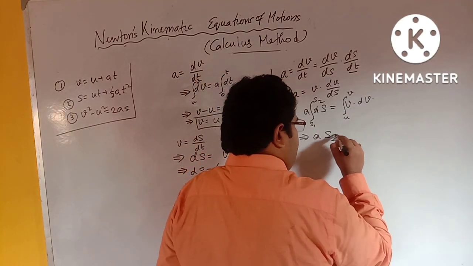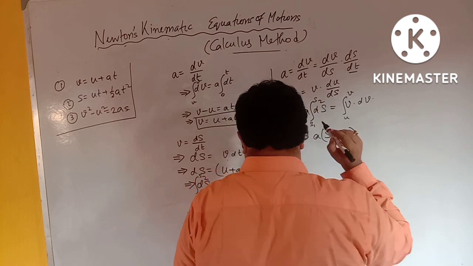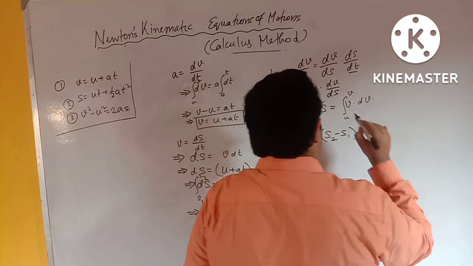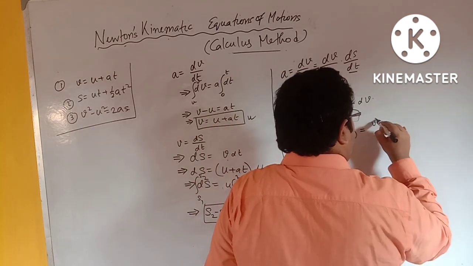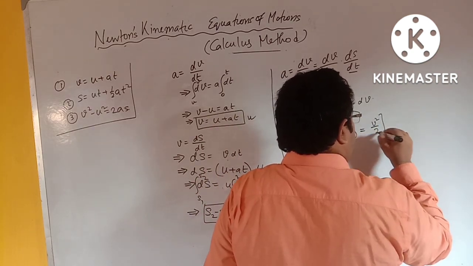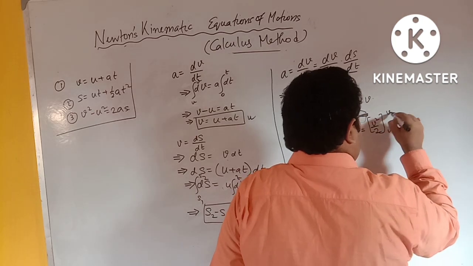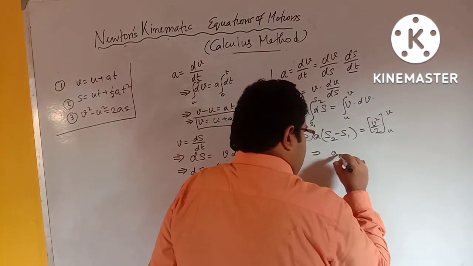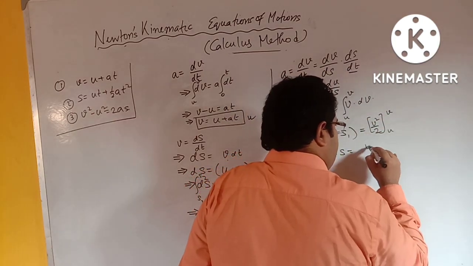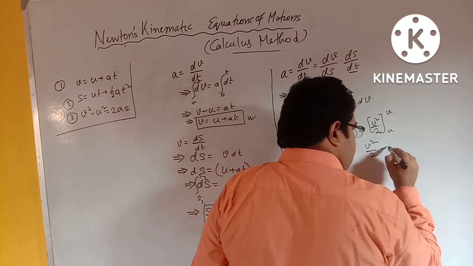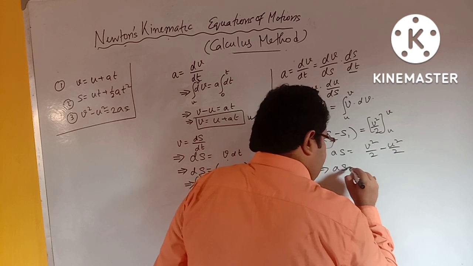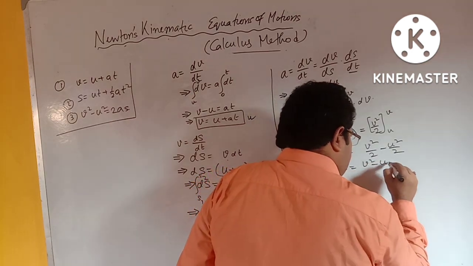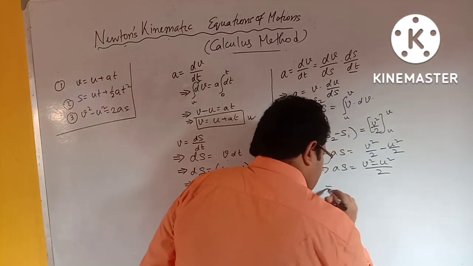Just to see how it is coming: a times s2 minus s1 equals v square by 2, the same rule, from u to v. So as equals v square by 2 minus u square by 2, which is v square minus u square by 2.